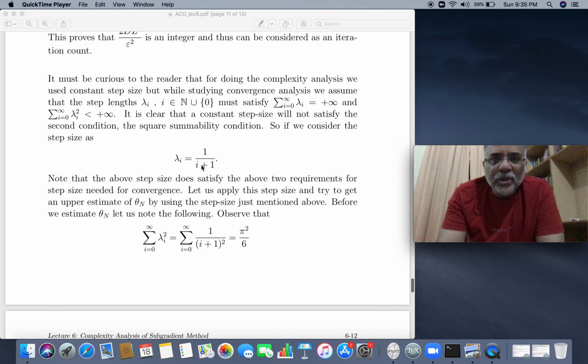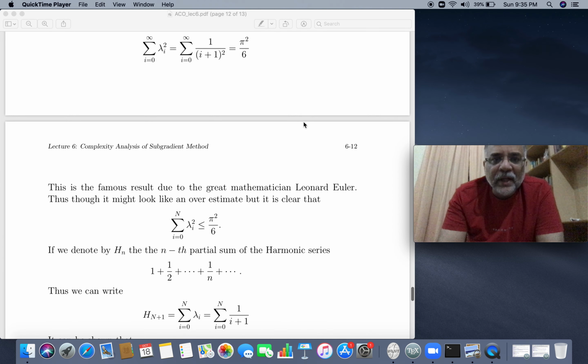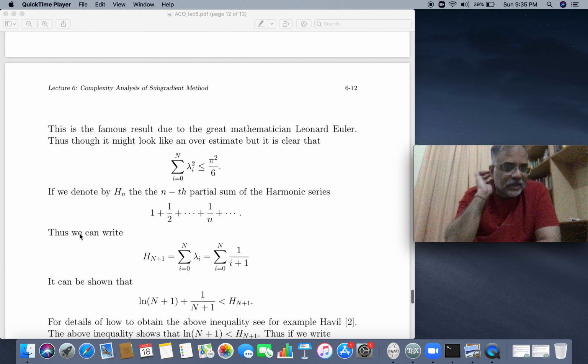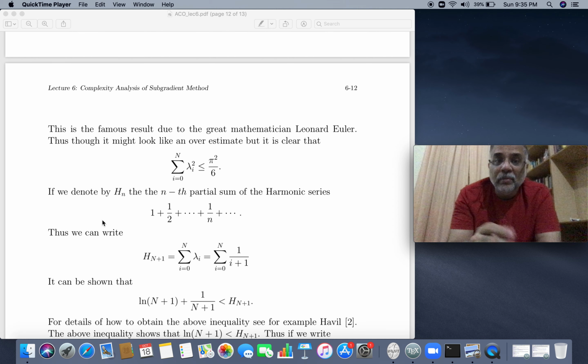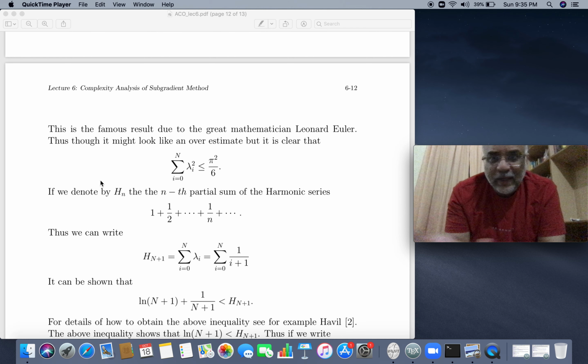usually in mathematical literature and analytic number theory and analysis, Hn is the nth partial sum of the harmonic series, this 1 plus half plus dot dot dot 1 by n.